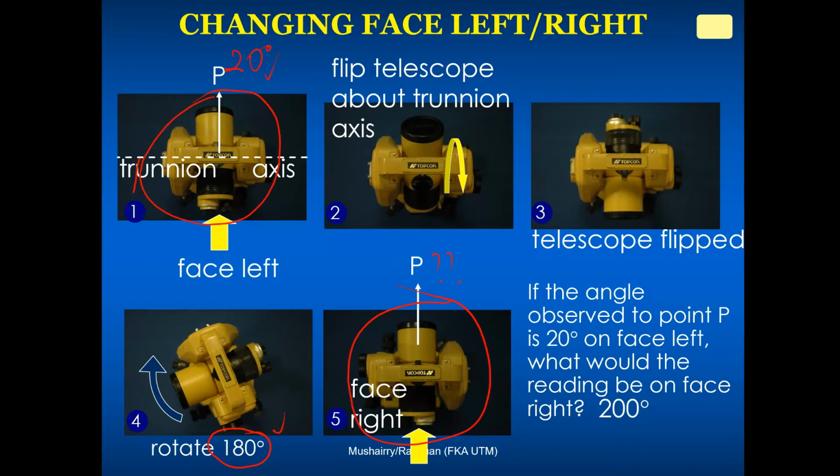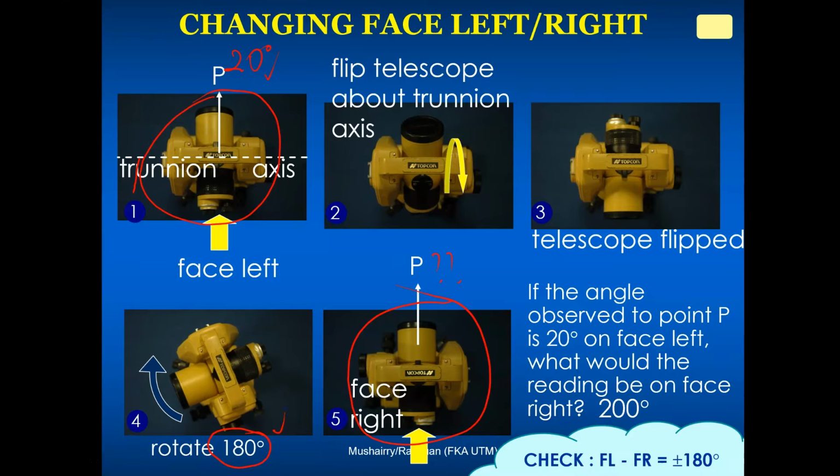In other words, when you do your observations, you get two readings, one on phase left and one on phase right. The simplest check that you can do is that the difference between phase left and phase right should be close to 180.